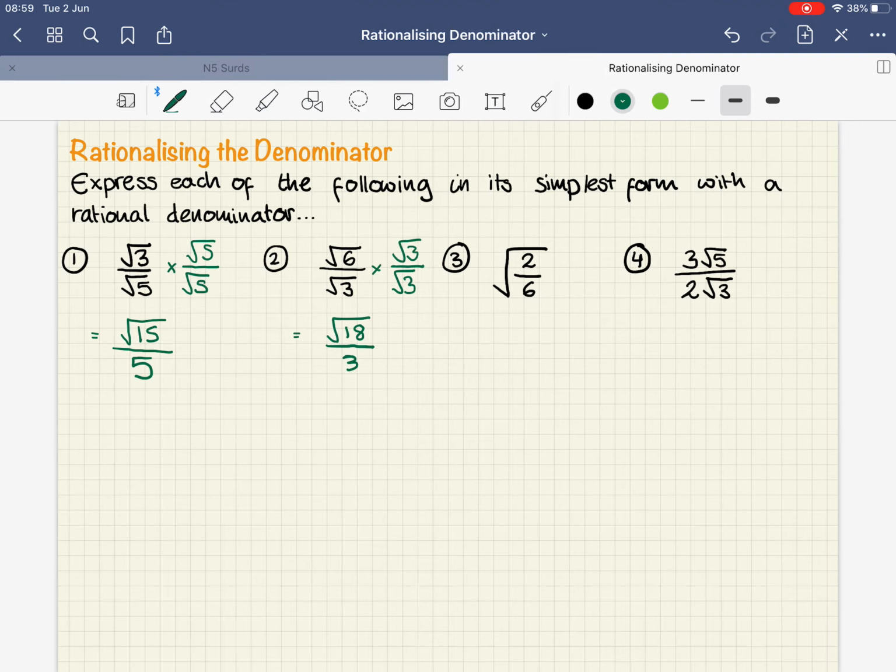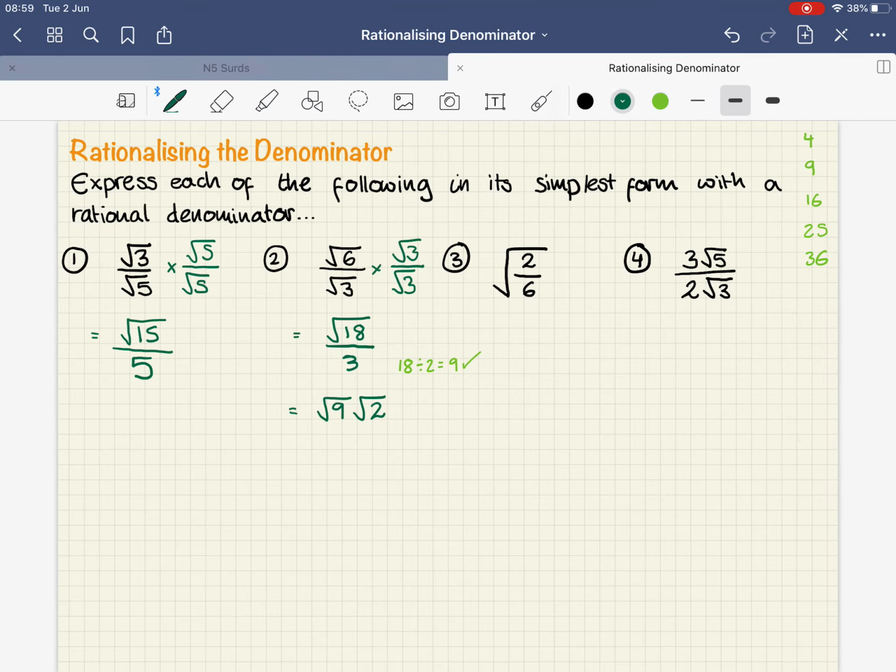Now, you do need to be careful here. So we can see now on the top I've got root 18, and if we think about our list of square numbers, that 18 can be divided by one of our square numbers. I'm just going to go that far because I know I don't need anything else. Because 18 divided by 2 will give me 9, and that is one of my square numbers, so I can simplify it. So it'll be root 9 root 2, because 9 times 2.